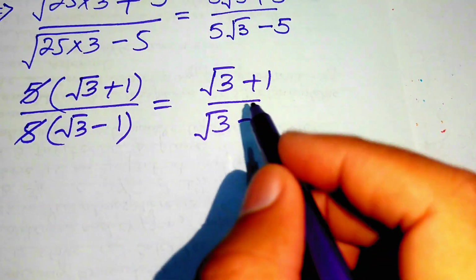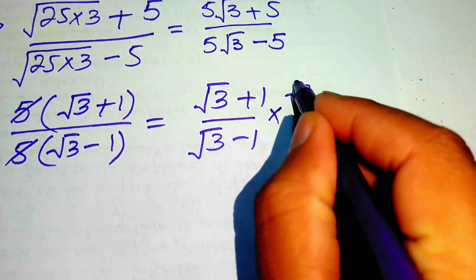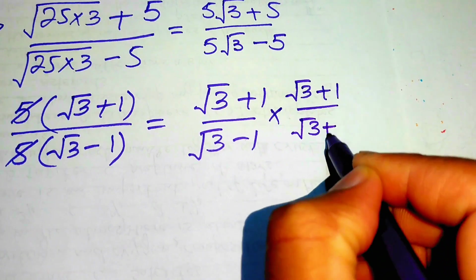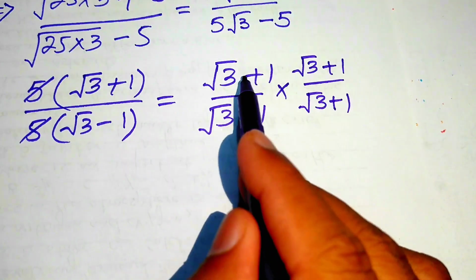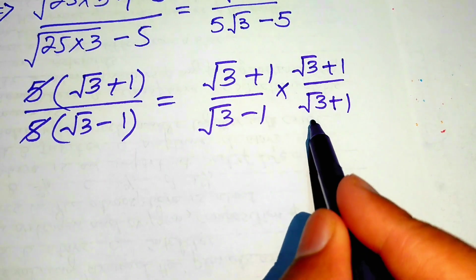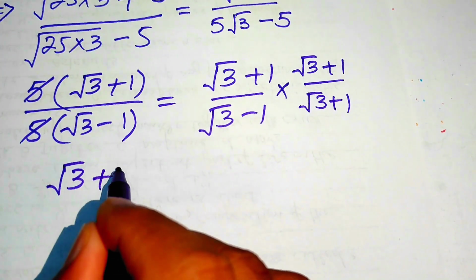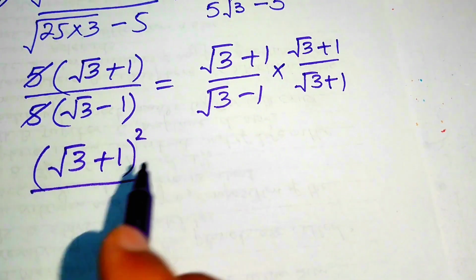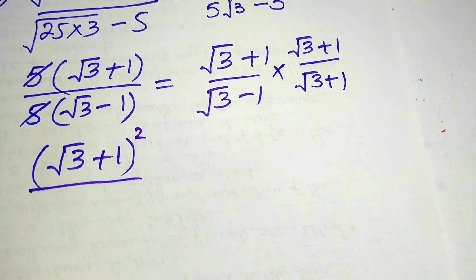So here we rationalize this denominator, and we change the sign, and we multiply and divide it here, and then we get the square root of 3 plus 1 over square root of 3 plus 1. So now we multiply this term by this term and this term by this term, so we obtain square root of 3 plus 1 and its whole square divided by, so here we again use the nice formula.